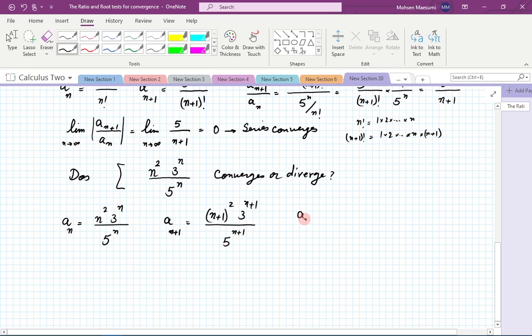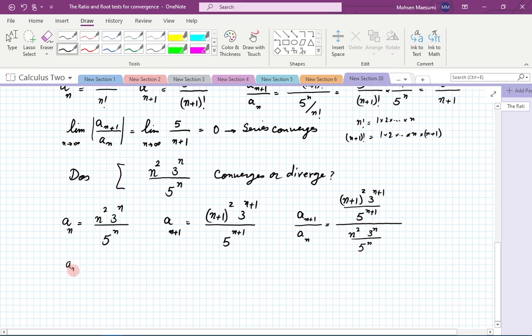The ratio of these two, let's write this, and let me ask you to pause this and quickly figure out what that ratio is. After you do a few of these, you should be able to clean this up quickly. So let me continue down here.